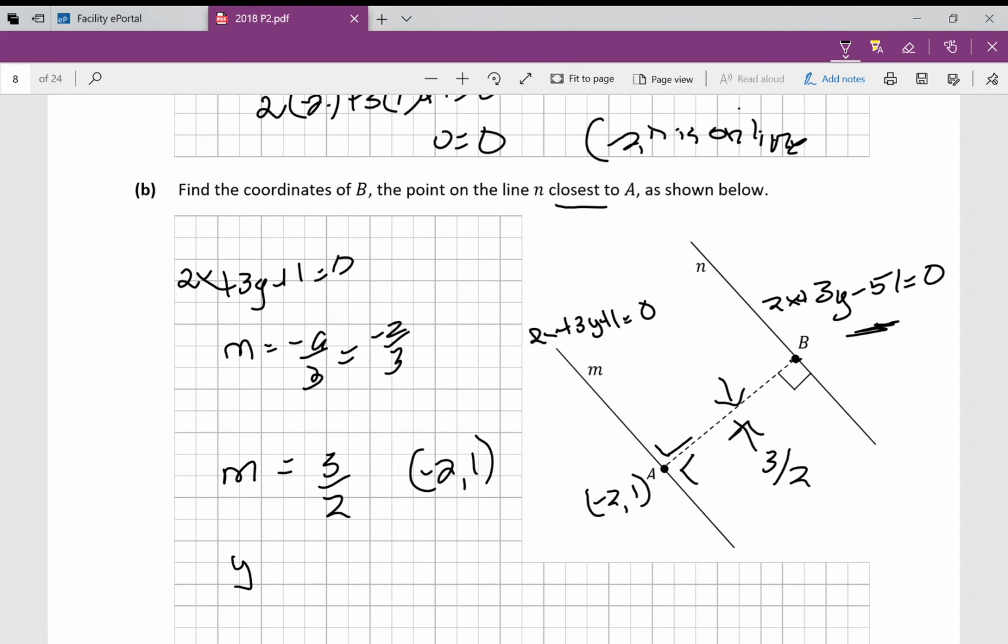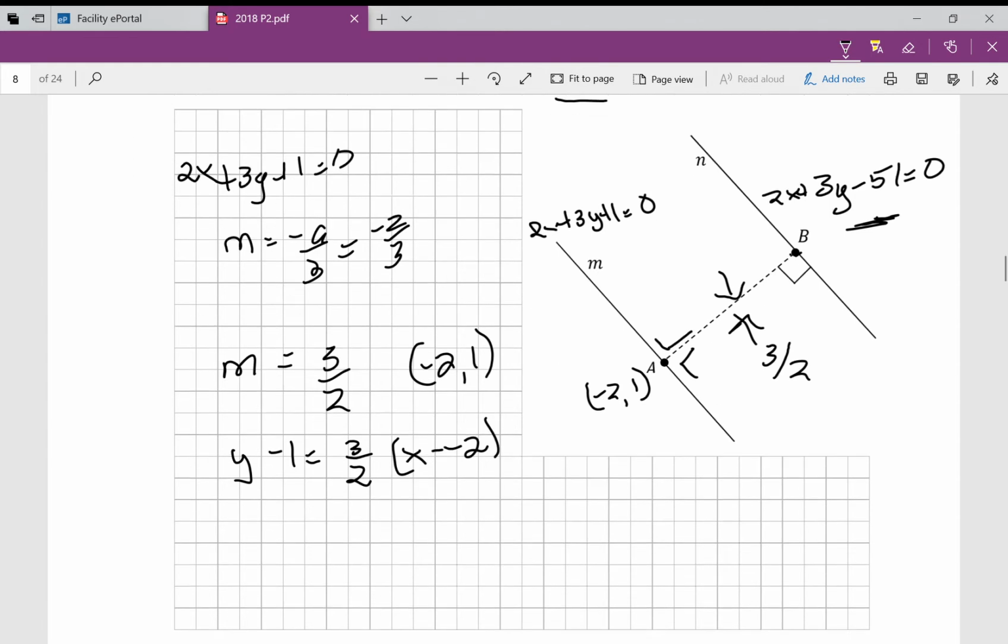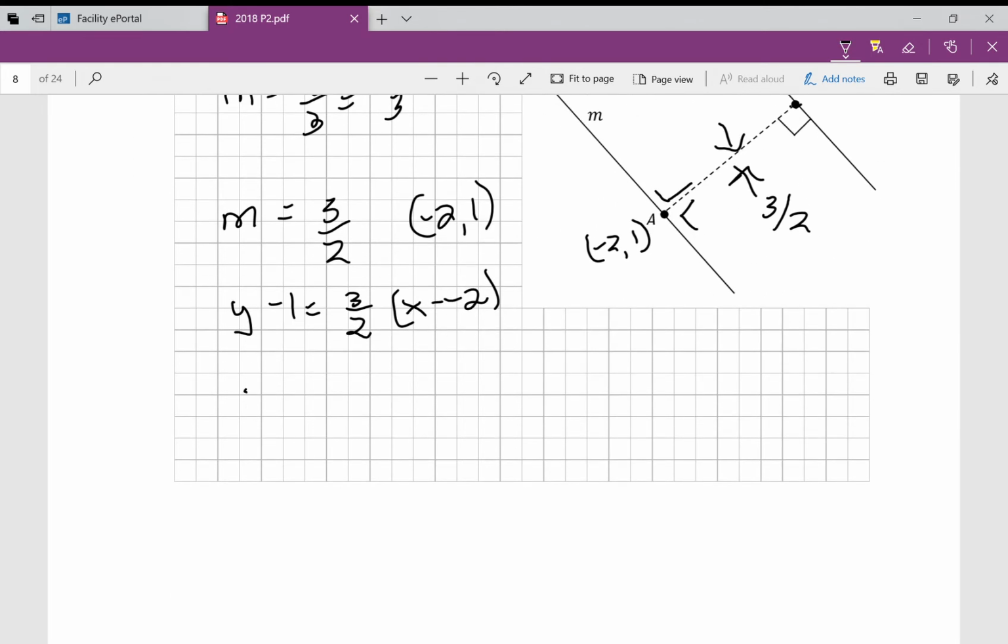So it's y minus y1 equals m into x minus x1, which is x minus minus 2. Rearranging that, you'll get 2y minus 2 equals 3x plus 6. So that's minus 3x plus 2y minus 8 equals 0.